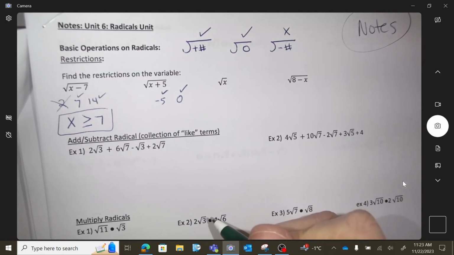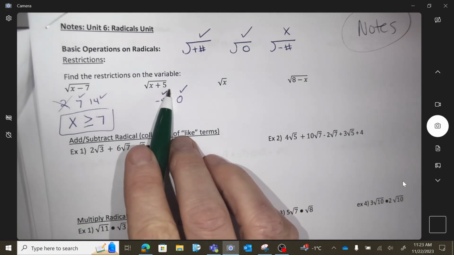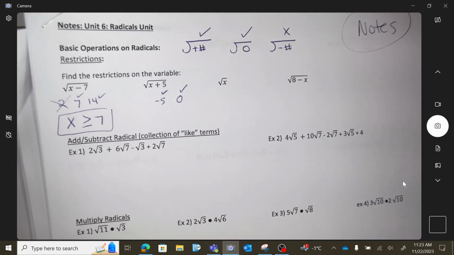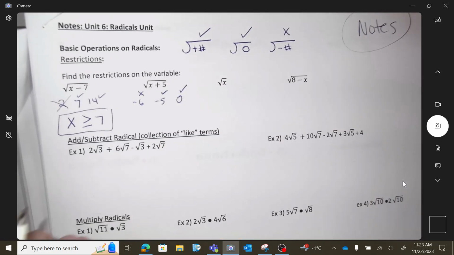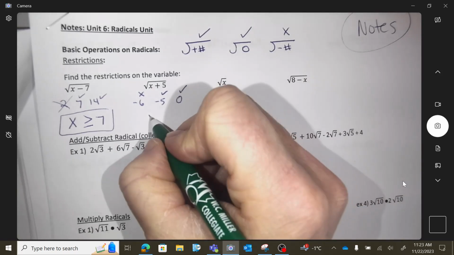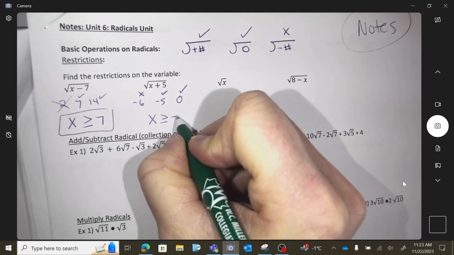That's still good, because -5 plus 5 is 0, and I can square root 0. Can you give me an example of a number that does not work in there? -6 is not good. So what's the conclusion? What do we have to make sure x is? Greater or equal to -5.